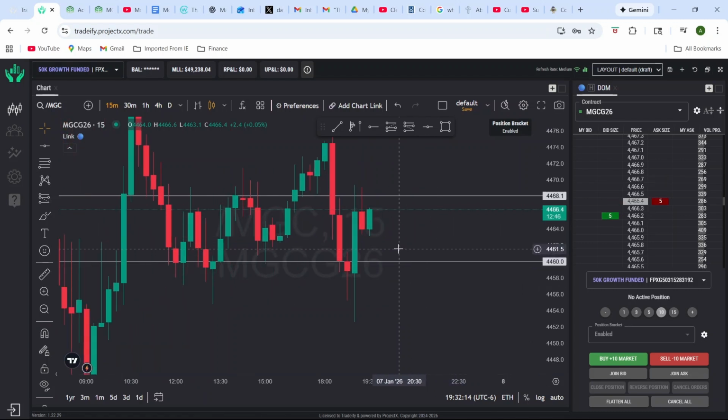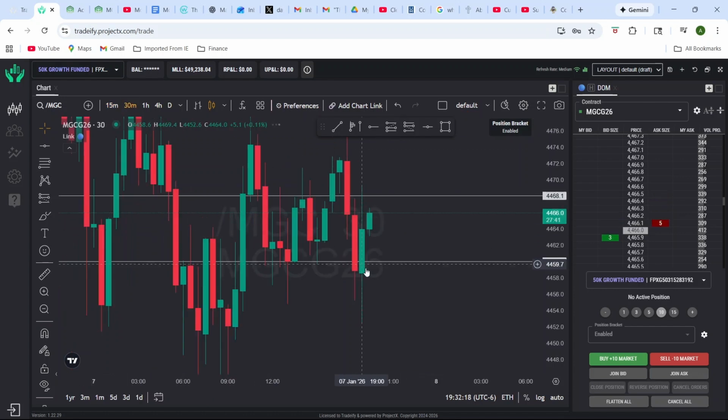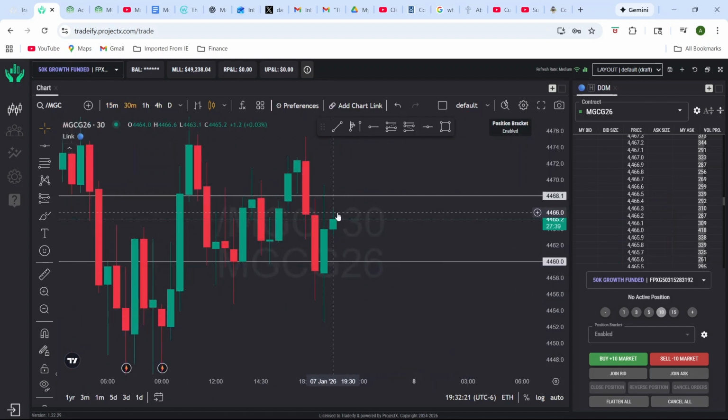But what I might do is wait for this 30 minutes to play itself out, because it could produce another 30-minute candle here, another 30-minute candle here, take this liquidity out here and present us this same play a little bit higher, and we can capitalize on more.